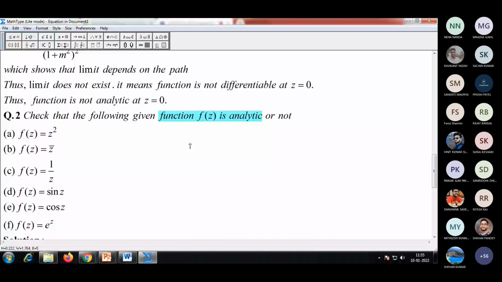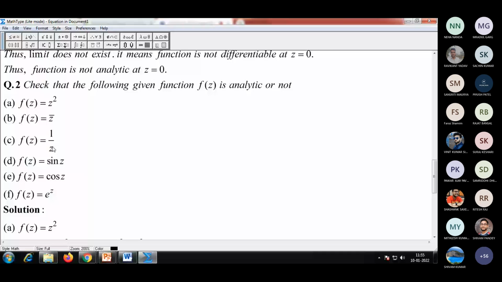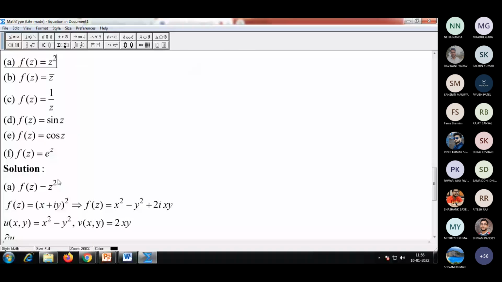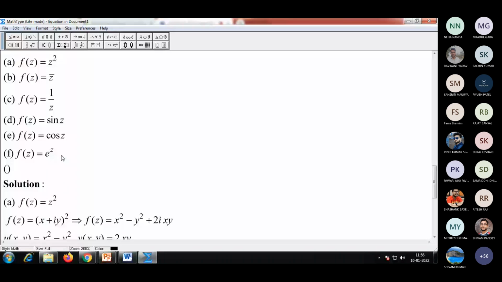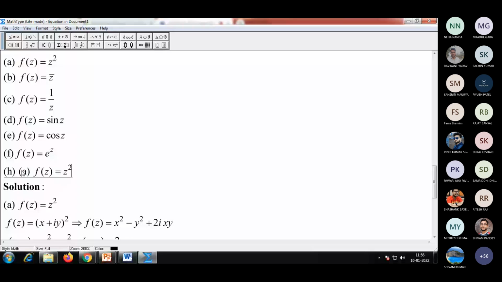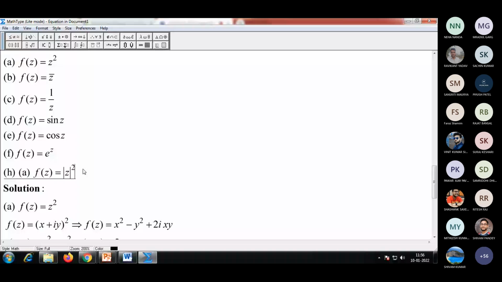At the same time, just a minute, I am taking one more problem in which I was interested: f(z) equal to mod z squared.